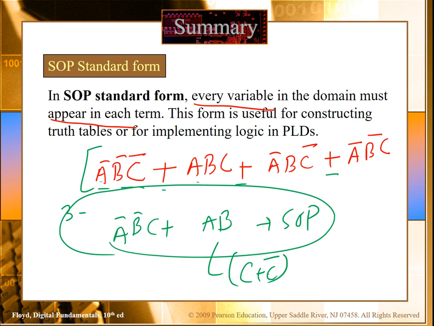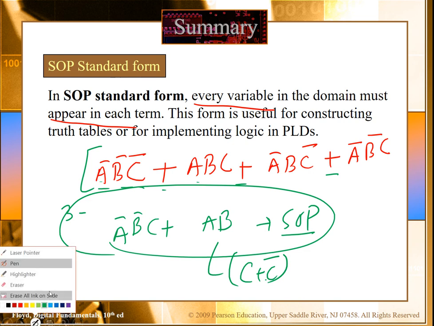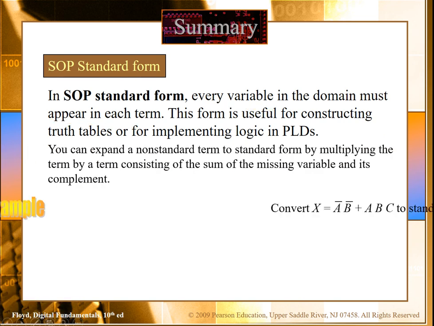If we multiply with that, we can convert the non-standard SOP to the standard SOP form. So we multiply the missing variable and its complement to that product term to make the non-standard form standard.